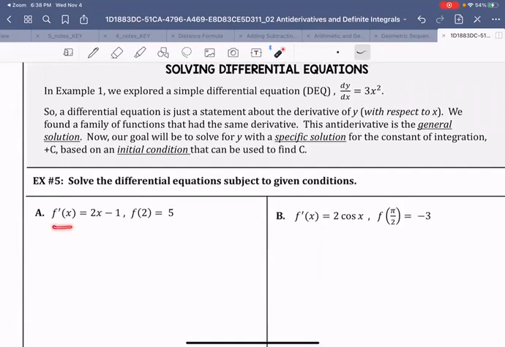All right, let's solve this one. So f prime of x is 2x minus 1. So f of x is going to equal the integral of that dx, right? So this equals what? Tell me, what's this?